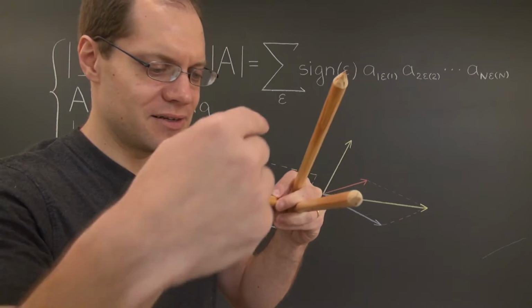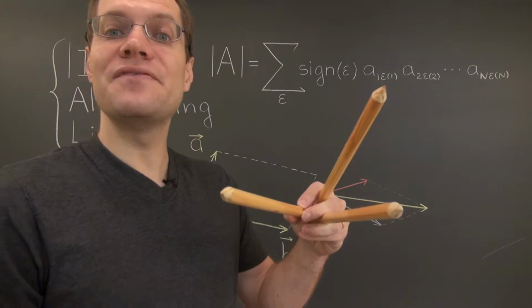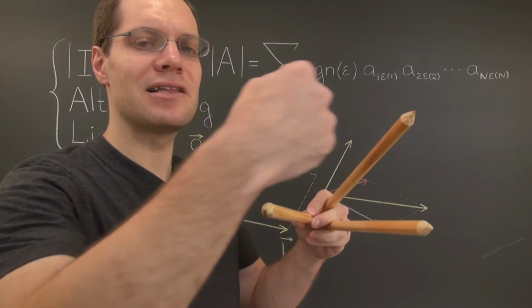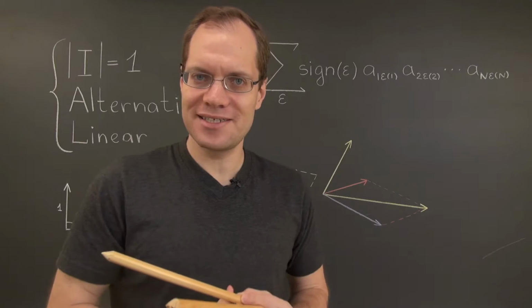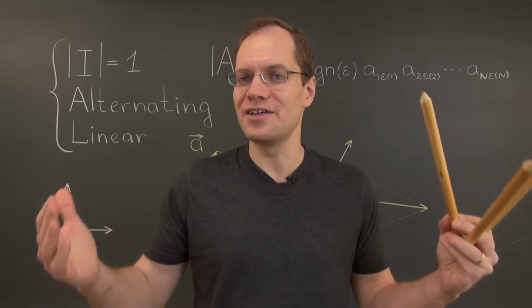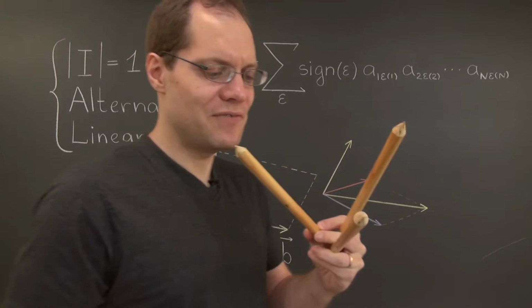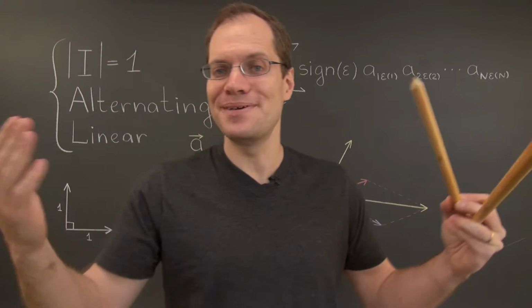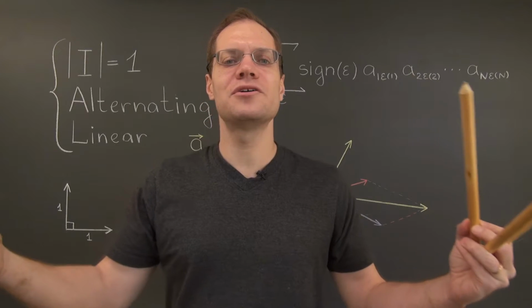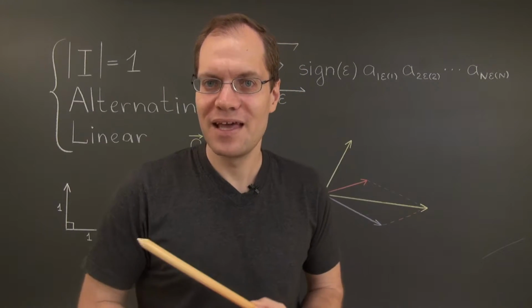When you look down the middle of the bundle, if the vectors appear to be in the counterclockwise direction, then the set is said to be positively oriented, and the corresponding volume is positive. If the vectors appear to be in the clockwise direction, then the set is said to be negatively oriented, and the corresponding volume is negative.